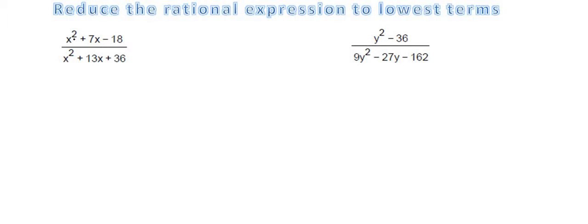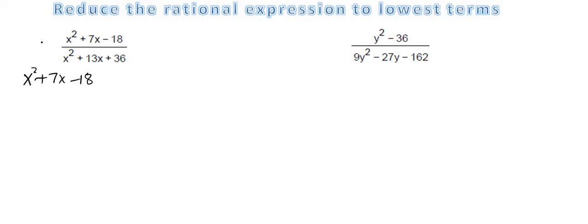For the numerator, we have x squared plus 7x minus 18. We're going to follow 3 steps to factor this polynomial.